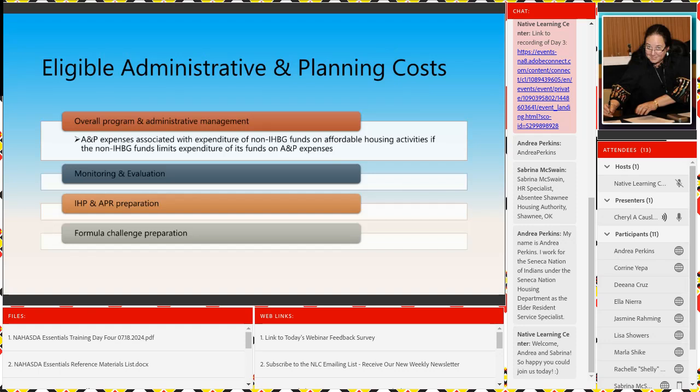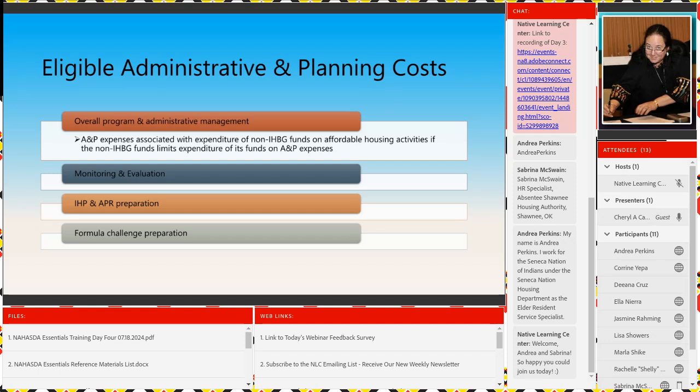So your overall program administrative management, the A&P expenses associated with the expenditure of non-IHBG funds on affordable housing activities, if those non-IHBG funds limit the expenditure of its funds on the A&P expenses.